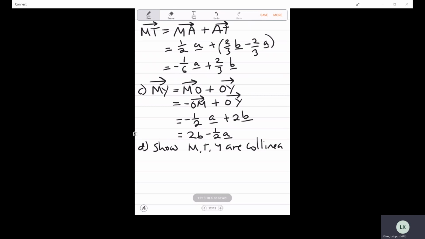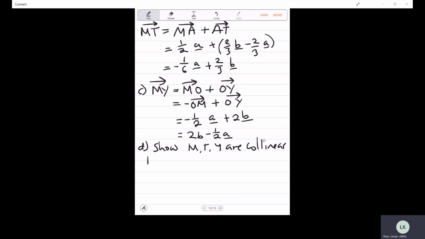If I say show that these 3 points make a straight line, I'm just asking you to show that the 3 points are collinear. Now the way we do that is just like we did in the previous questions: they have a point in common, so find 2 vectors that have a point in common, and then from there you show that one is a scalar multiple of the other.